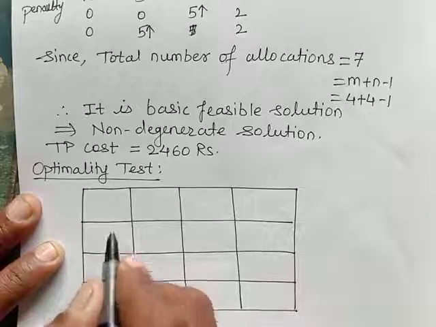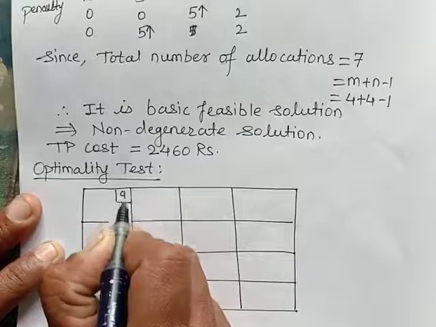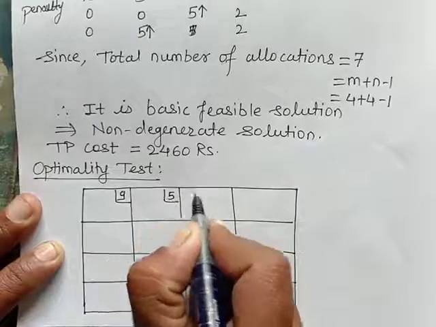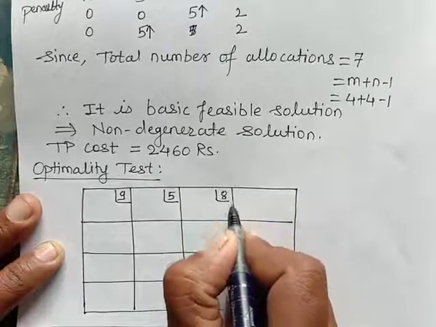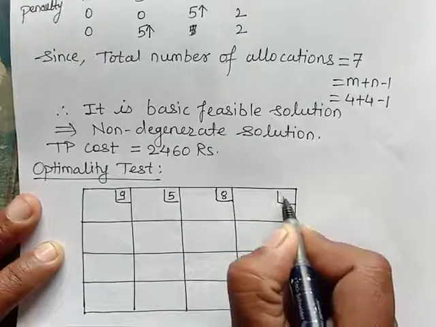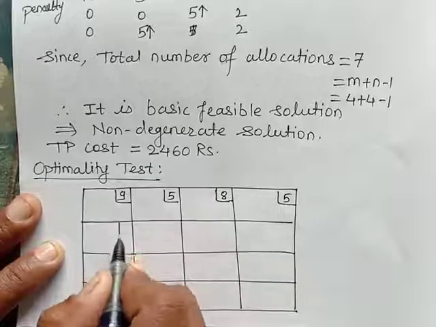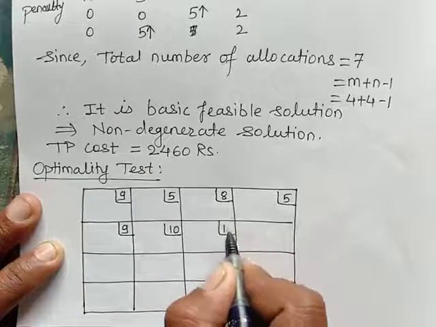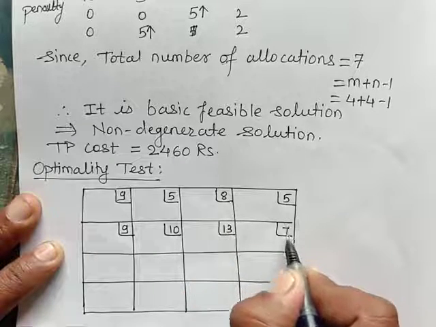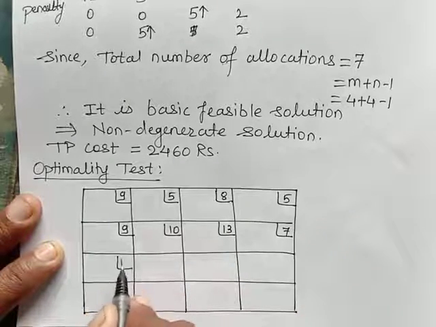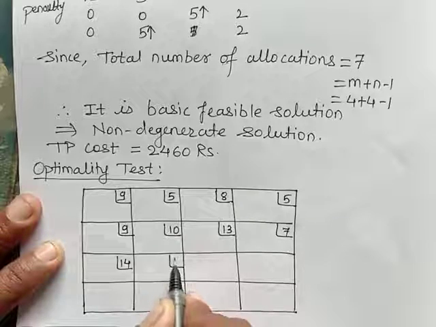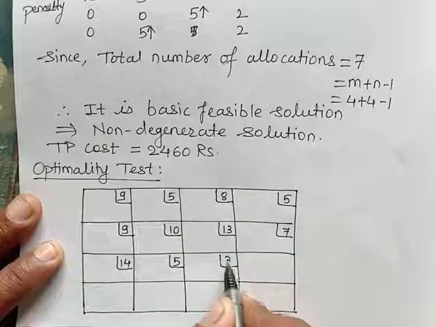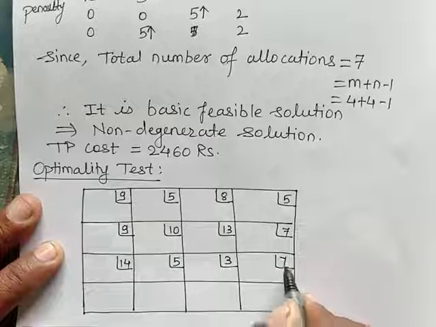Simply prepare cells. So here 9, here 5. The costs we need for determining the Ui and Vj and all: 9, 10, 13, 7, 14, 5, 3 and 7.